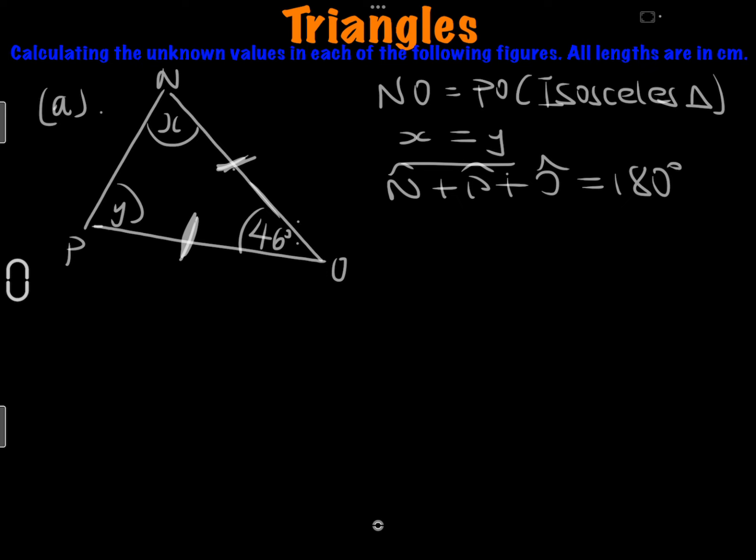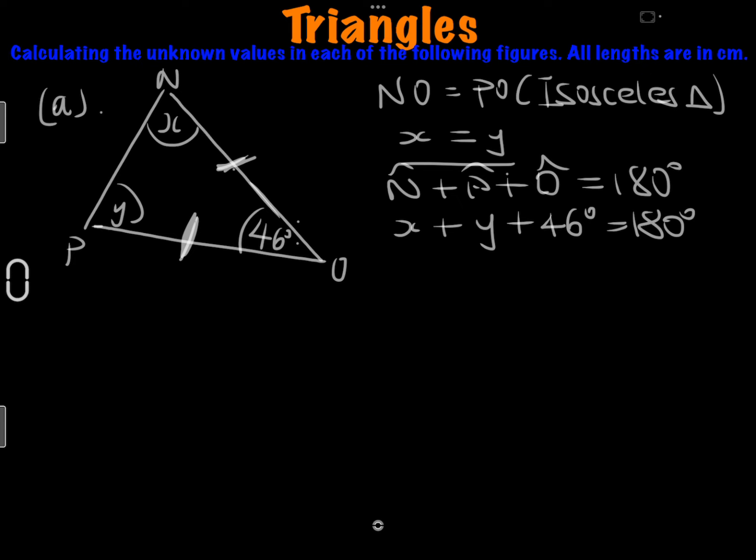Now, we can substitute these angles by means of our variables. N in this case is X, plus P in this case is Y, plus O in this case is 46 degrees, is equal to 180 degrees.